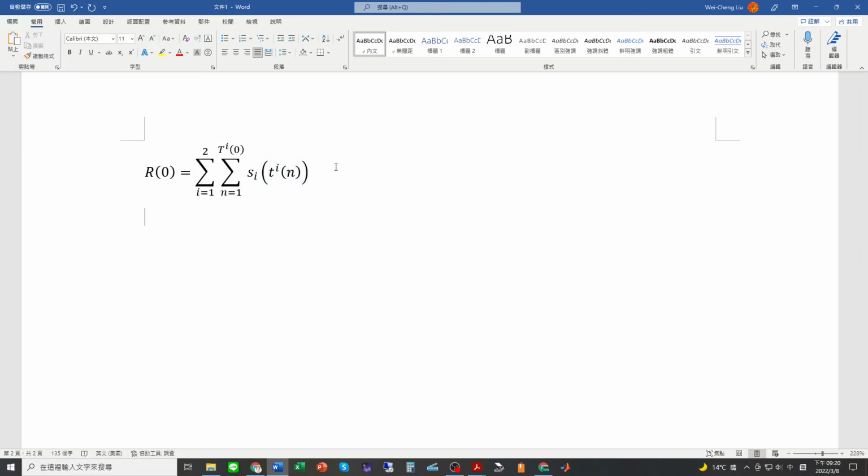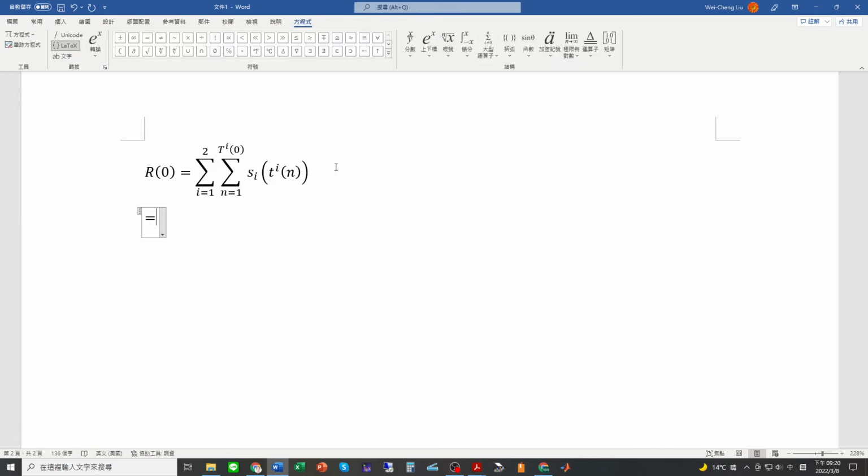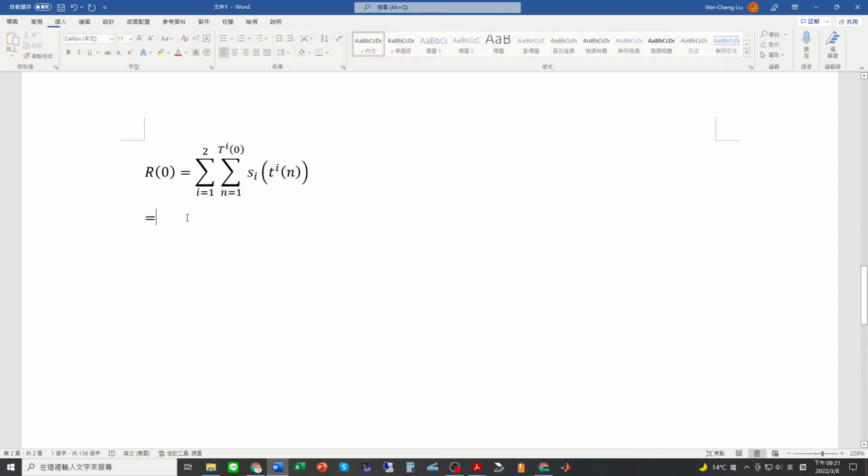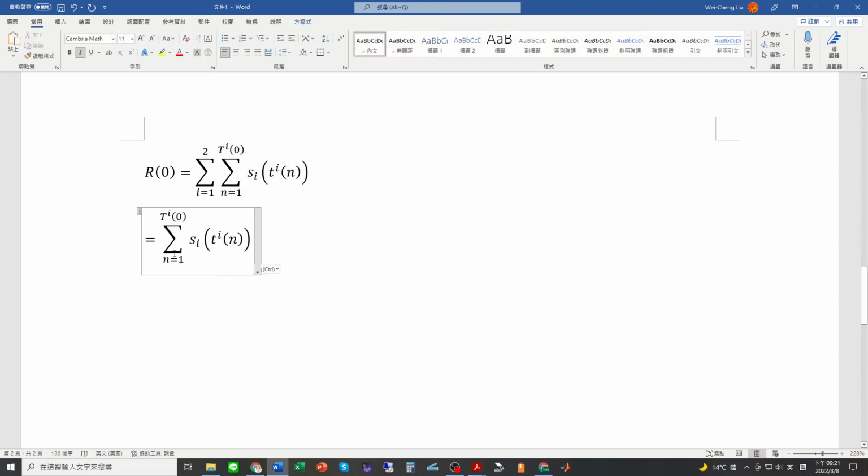So it is equal to 2 summations, because the first summation is i is equal to 1 to 2. So we can expand the summation. The first summation is n is 1 to t1 of 0, and s1 of t1 of n.